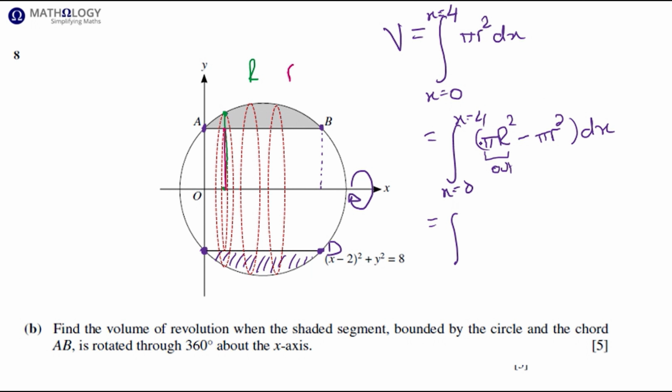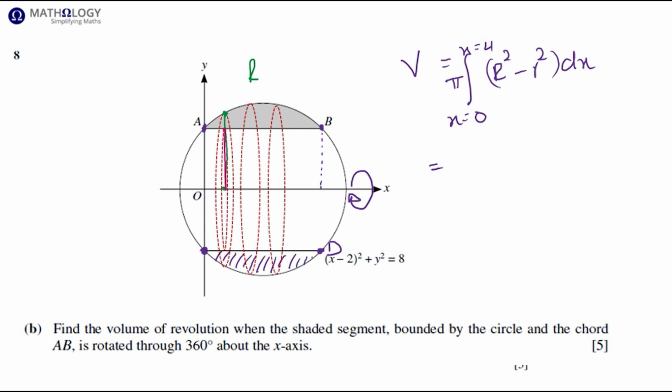So we integrate from x equals 0 to x equals 4. We can take this pi out as a constant, and we will have capital R squared minus small lowercase r squared dx. So that will equal pi times integral from x equals 0 to x equals 4.